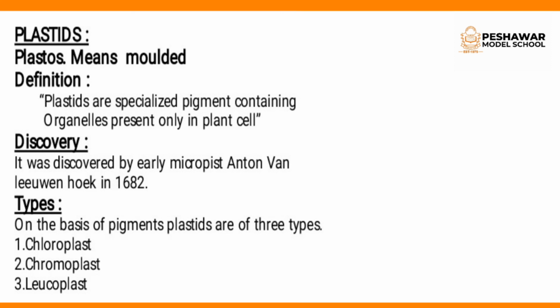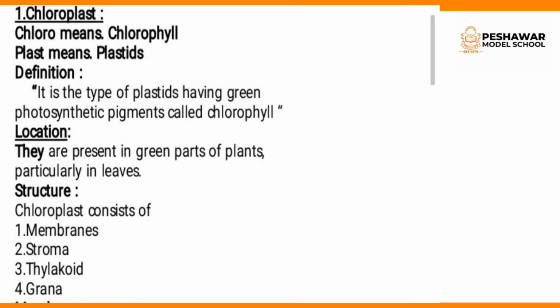The chromoplasts are the colored pigments which are present in the petals, sepals, and flowers, while the leucoplasts are the colorless plastids which are present in the underground parts of the plants. Clear? So we discuss the chloroplast.